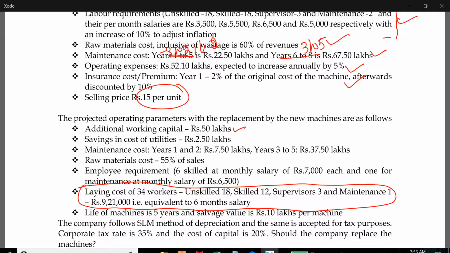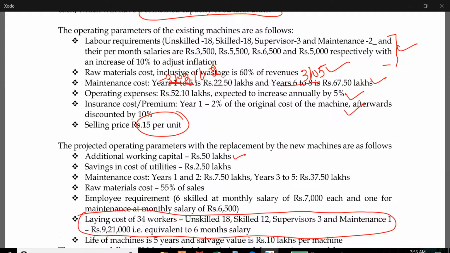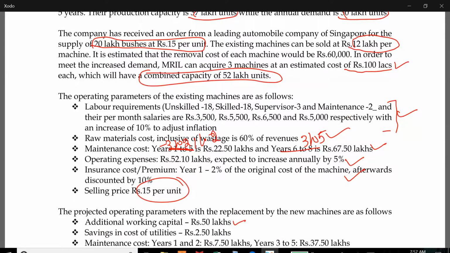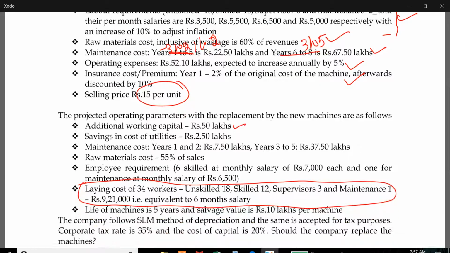Coming to operating expenses, they mentioned 52.10 lakhs expected to increase annually by 5%. What is mentioned on the new machine for operating expenses? Anything mentioned?